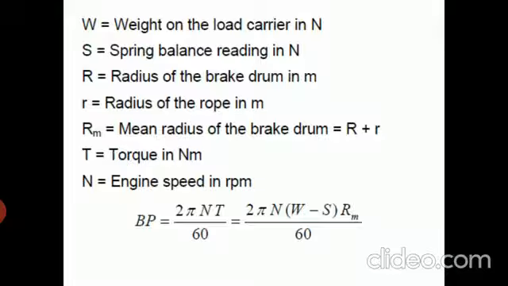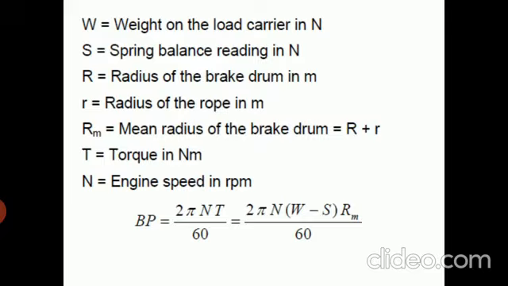Here you can see R plus r: capital R is nothing but the radius of the drum, small r is the radius of the rope, because that is the perpendicular distance for the given load. Most of the time students will not add this rope radius, which will give some small deviation in the value.